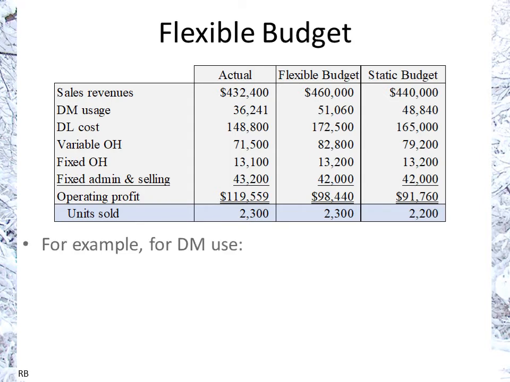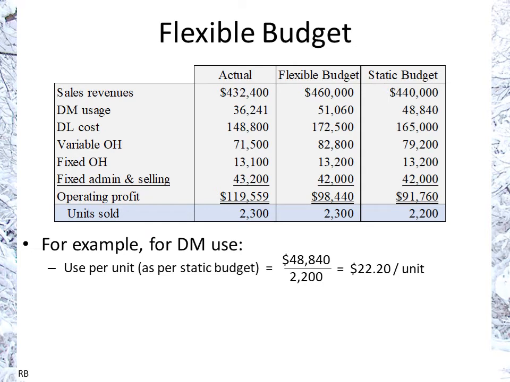Coming back here, if we look at direct material usage, the use per unit looking at the static budget would be 48,840 divided by the 2,200. That gives us the $22.20 per unit.